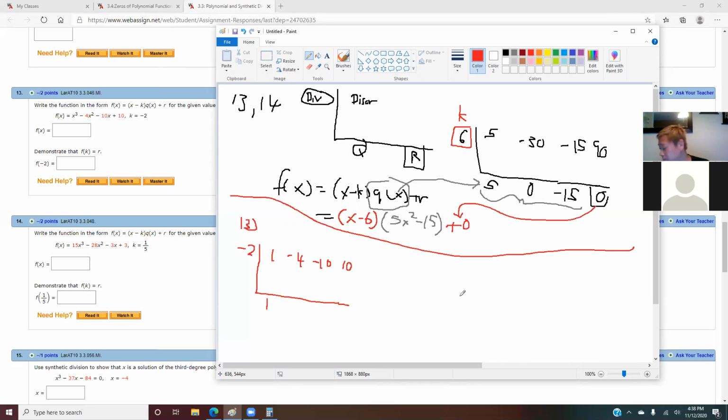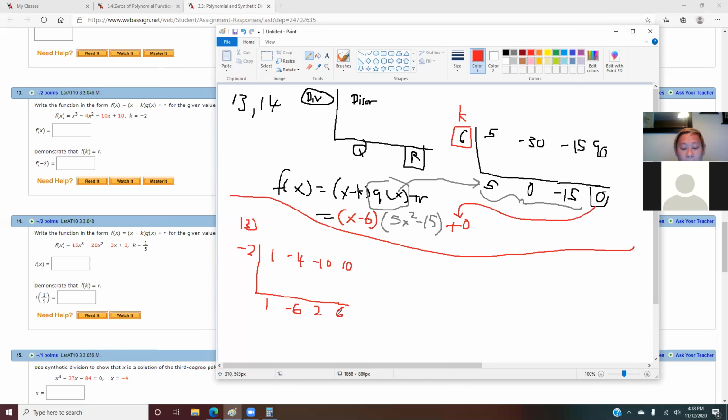You're fine, don't worry about it. I get 6 for the remainder. Sorry, I get the whole row. You need the whole row: 1, -6, 2, and 6. 2 and 6. Okay, good.